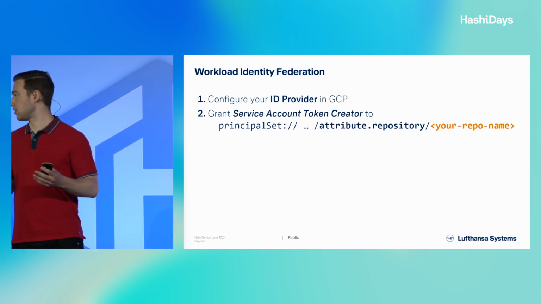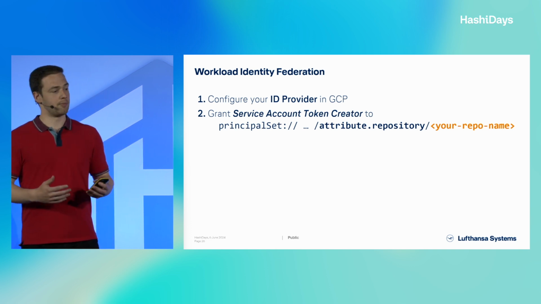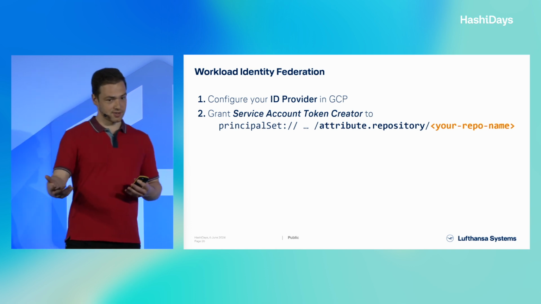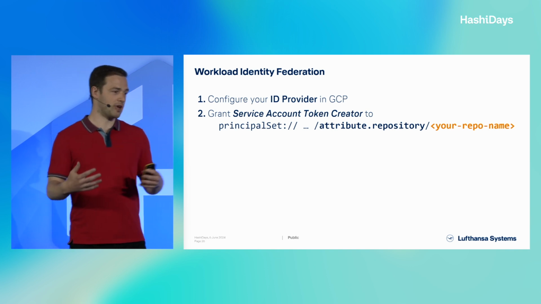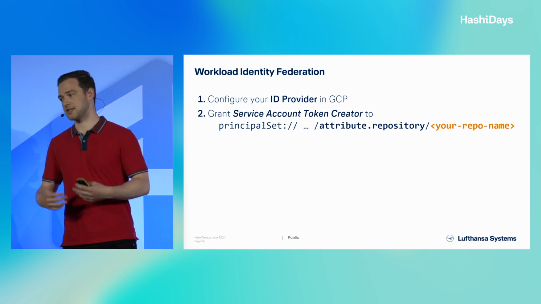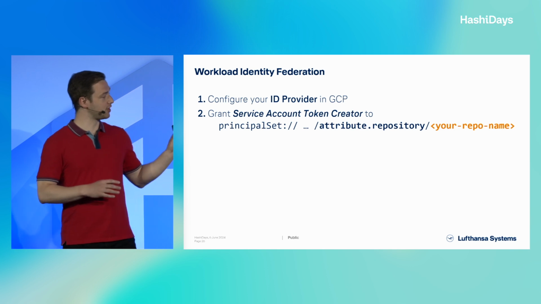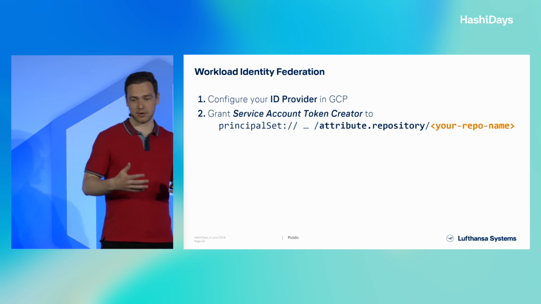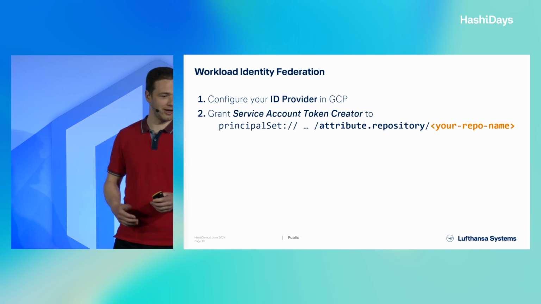And you then grant the role of account token creator to an identity. And this allows this identity, the role is granted to create access tokens for that service account, so impersonate the service account and act as that service account. This is exactly what we want. But instead of just entering a usual email address or regular identity there, we use that string that looks a little URL-like.